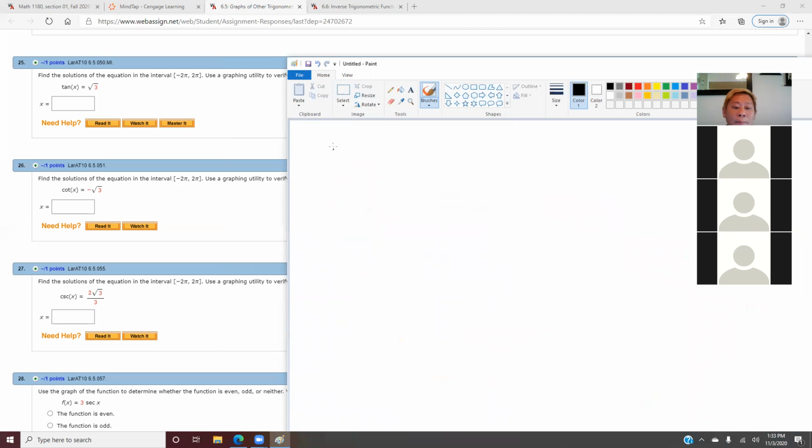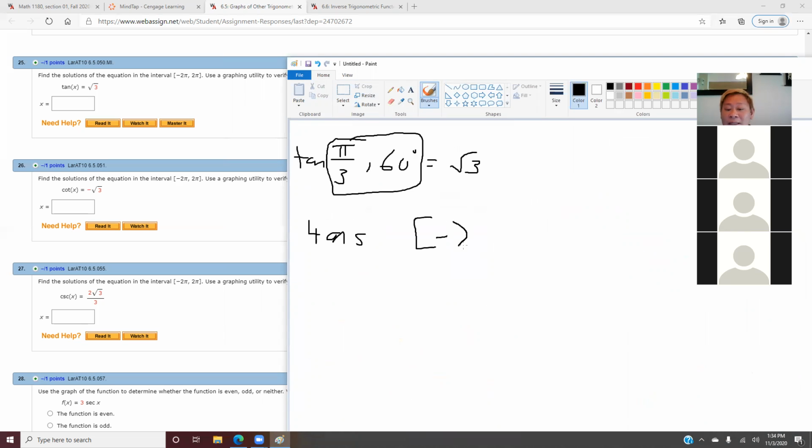We know that pi over 3, which is 60 degrees, the tangent will give us square root of 3. So this is one of your answers. But as I told you, you should have 4 answers here. The reason why is because they give us the negative 2 pi to 2 pi.